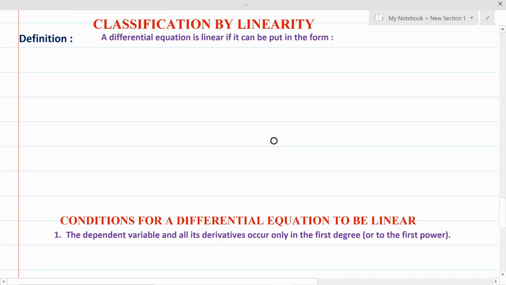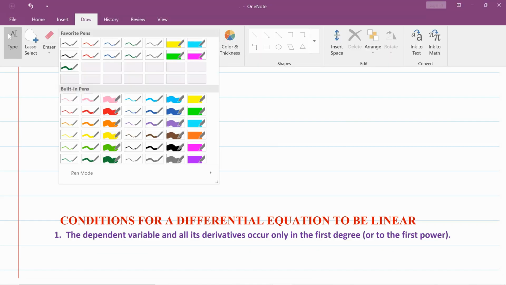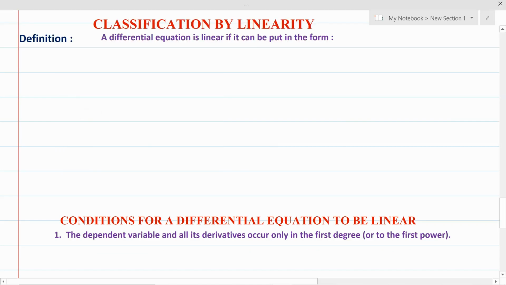So a differential equation is linear if it can be put in a certain form. I'm going to write the form for you, so that if you meet any differential equation in that form, you can see that it is a linear differential equation.